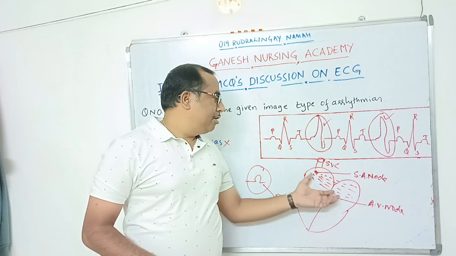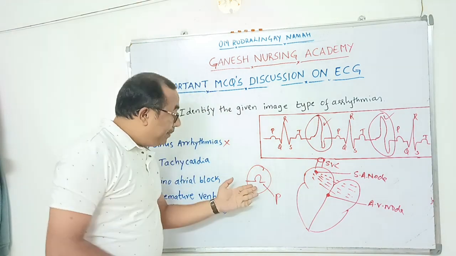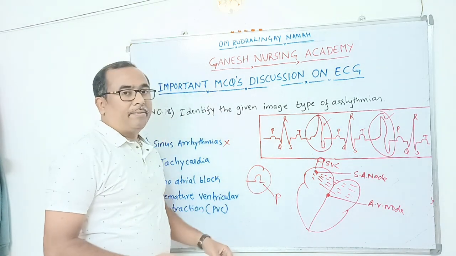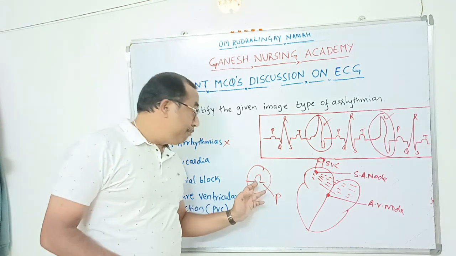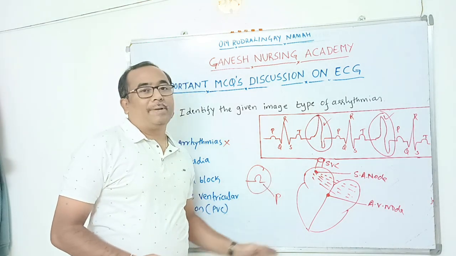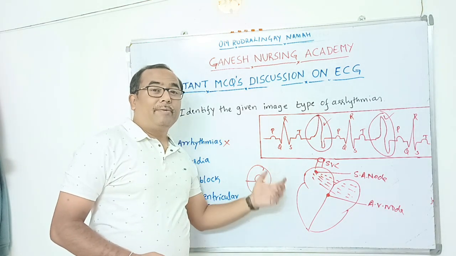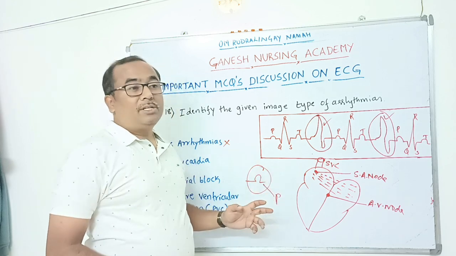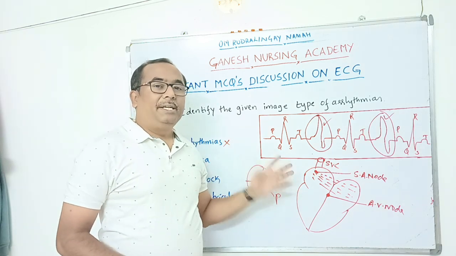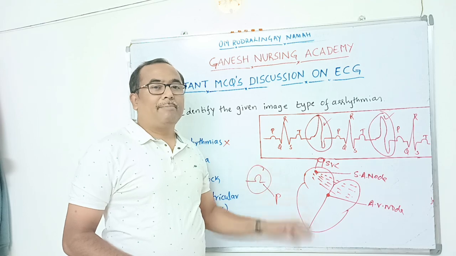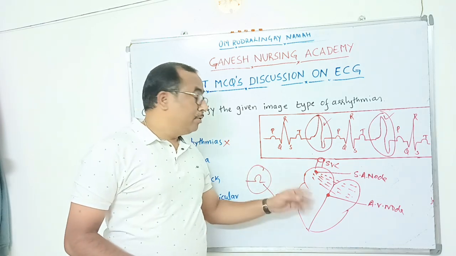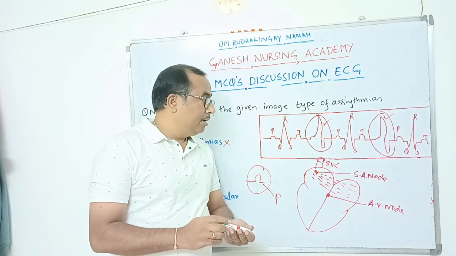So there will be disappearance or missing of a P wave. Sometimes there may be missing of the P wave as well as the QRS complex that follows it. So there is a complete miss of the P wave followed by QRS complex, and this will lead to a complete missing of a beat. That you can also notice in the case of sinoatrial block.